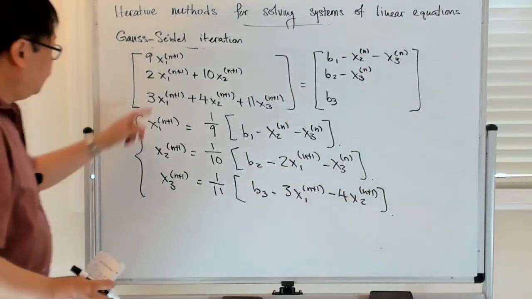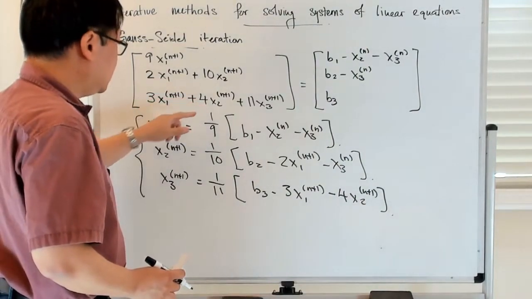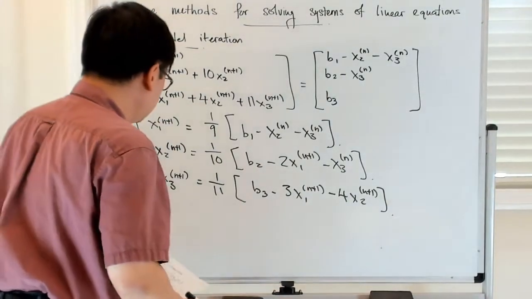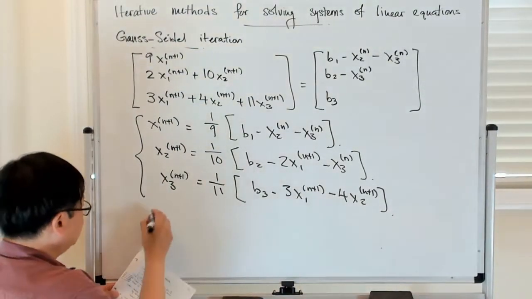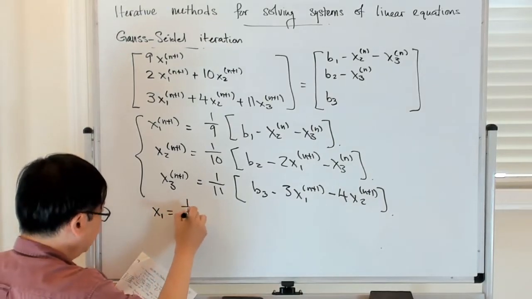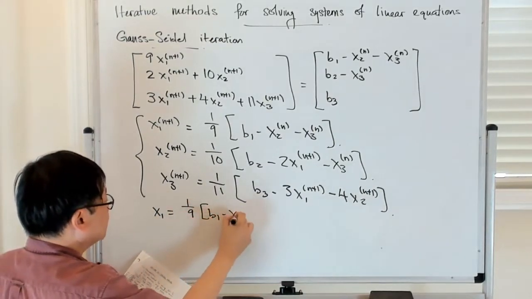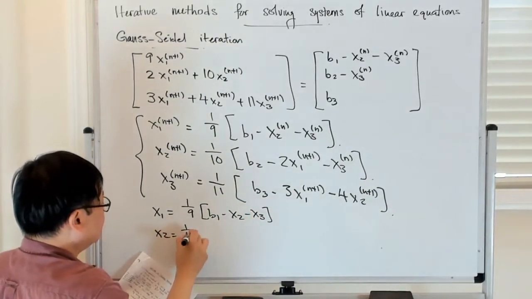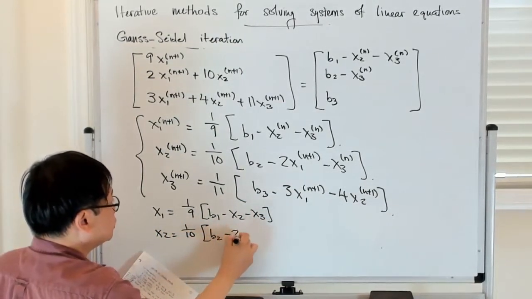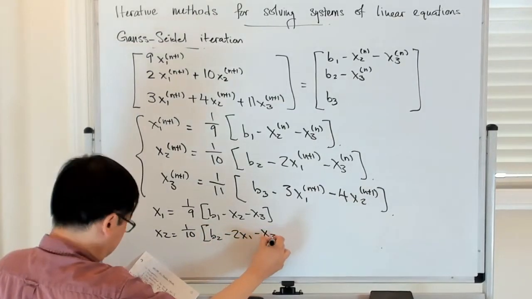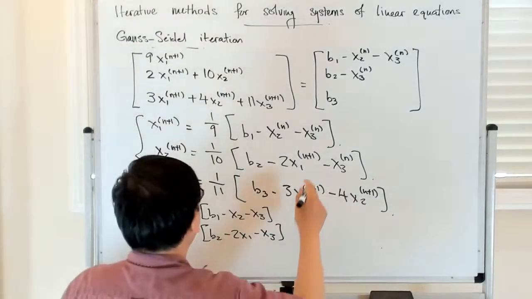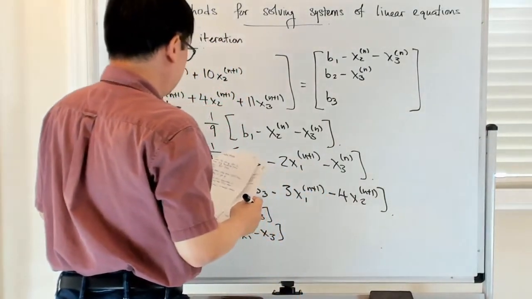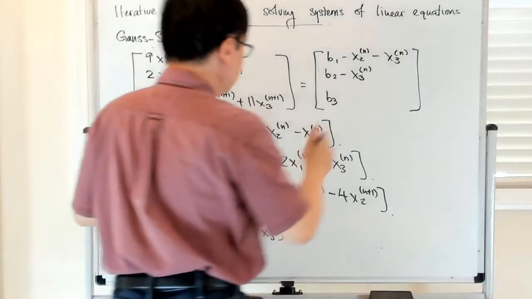Hopefully it's clear now that it still satisfies the same fixed point equation, as you would expect. So the fixed point equation in question is that x1 is equal to 1/9 (b1 minus x2 minus x3), x2 is equal to 1/10 of (b2 minus 2x1 minus 3x3). Sorry, I think I made a mistake, so that's 3x3.